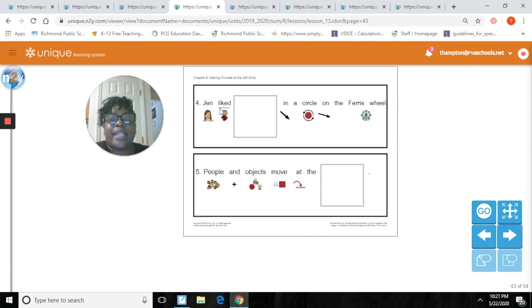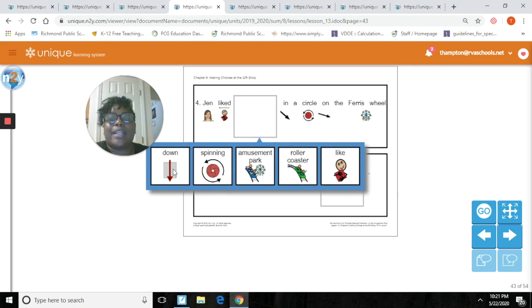All right, so Jen liked something here, and that's our blank, and a circle on the Ferris wheel. Let's see what our choices are. Down, spinning, amusement park, roller coaster, like. Make a choice. Now don't forget, we have to go to the part of the story that talks about who, Jen, and what she liked. So let's do that.